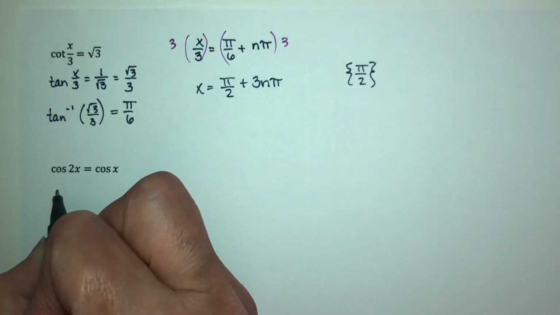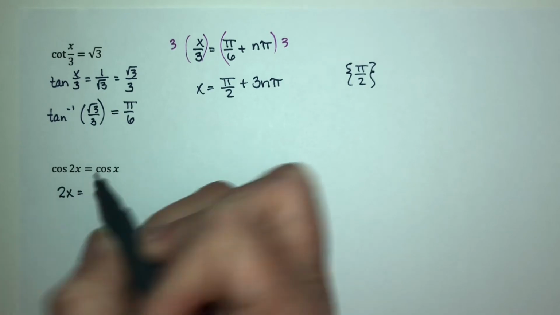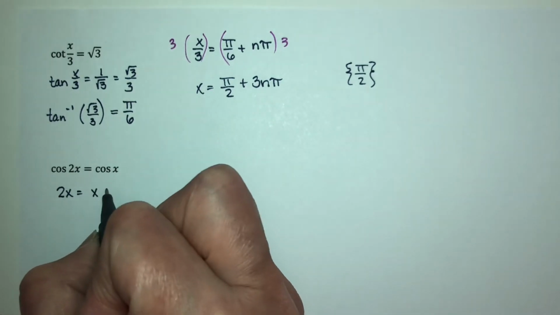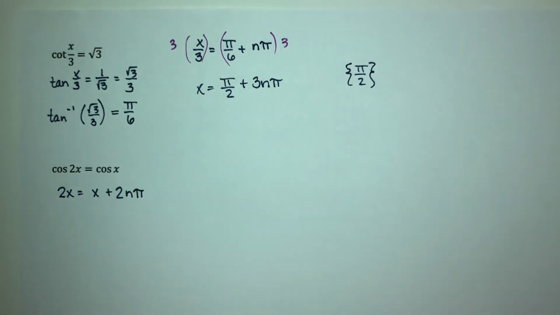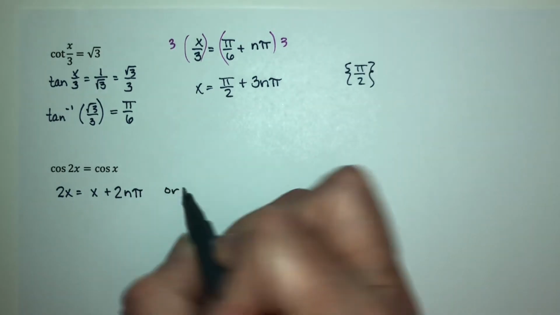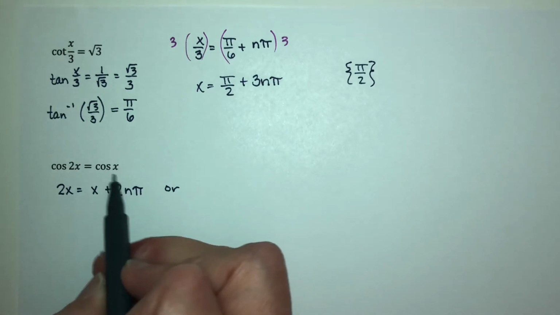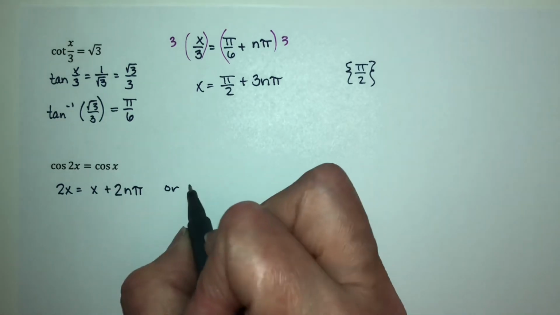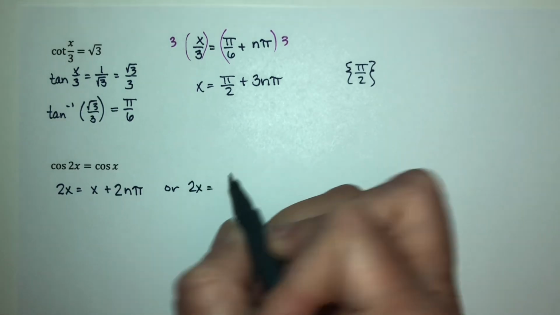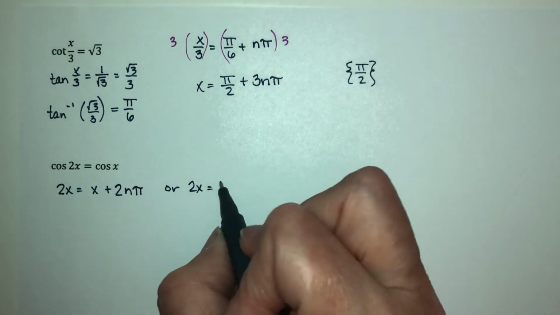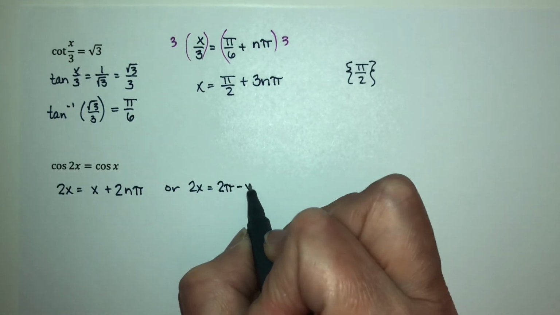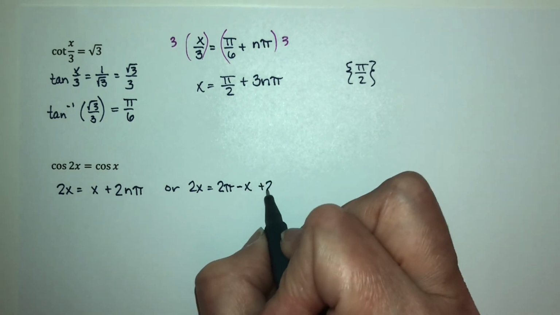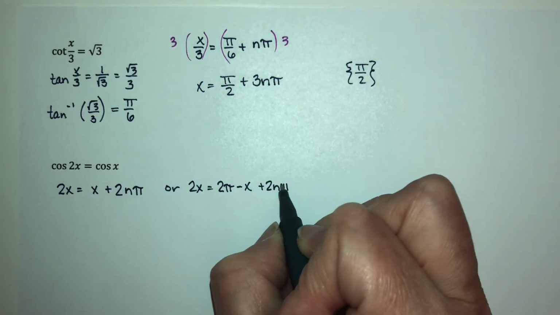So for cosine, I know that 2x has to equal x plus 2n pi. Or, we're just treating it like x is our alpha, I have 2x equal to, since it's cosine, 2 pi minus x plus 2n pi.